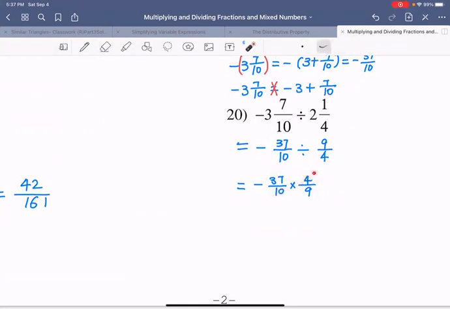When you see these numbers even, divide both by 2. So the 4 will become 2, and then the 10 will be a 5. Very good. Then 5 times 9 is 45, so 45 is the denominator. And 37 times 2 is 74. Good.